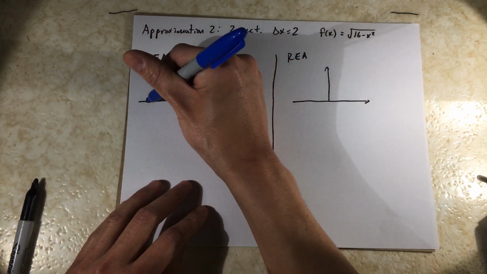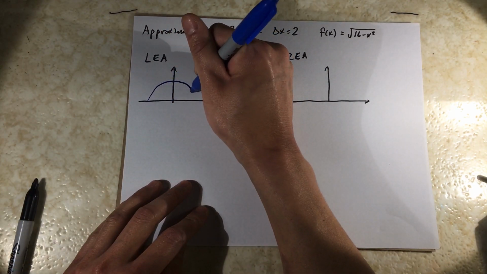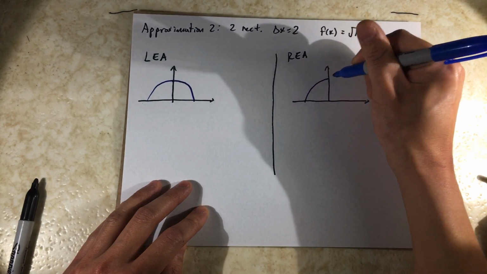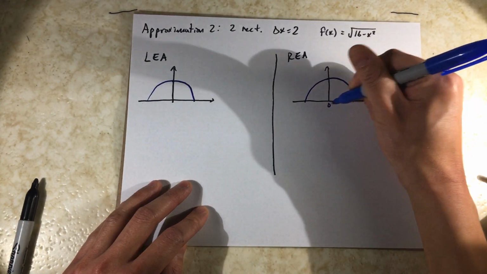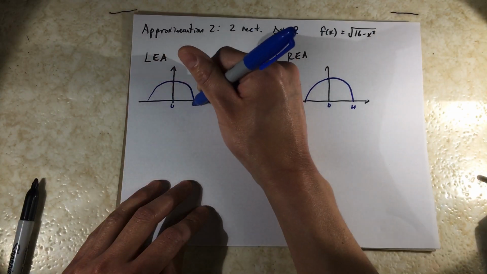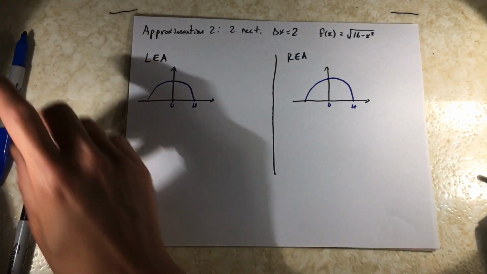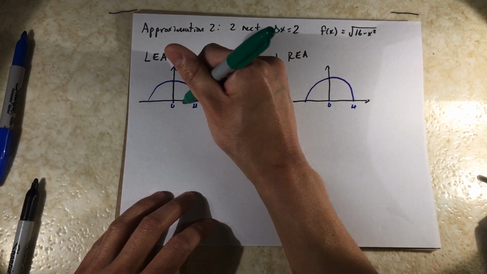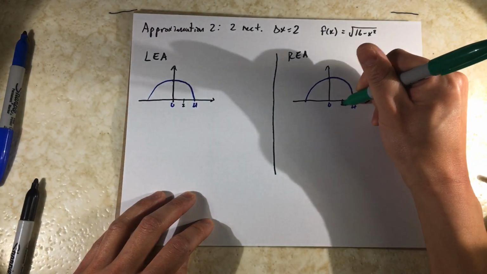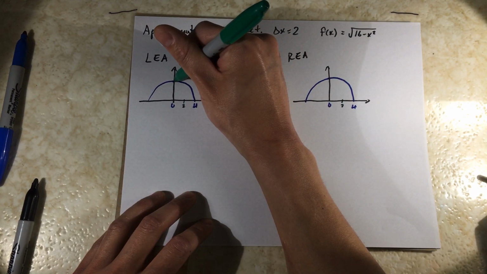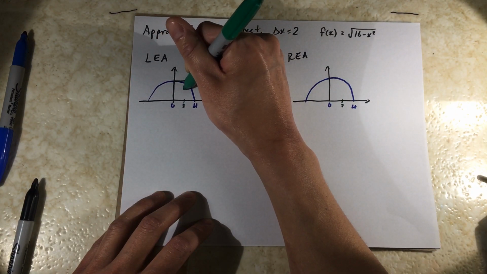We're going to draw our functions. Okay, and we're going to break this up into two. So our first one, our left-hand approximation, is going to look something like this.